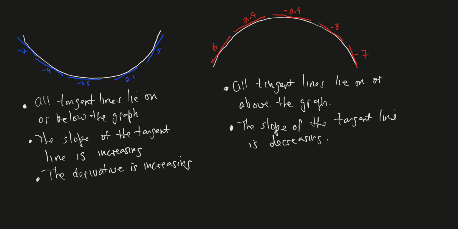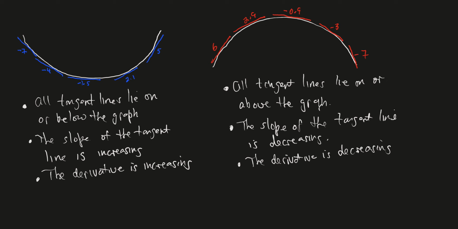Just insert derivative there: take out the phrase slope of the tangent line, and we can say the derivative is now decreasing. And it's the third bullet point that we're going to use to define concavity.